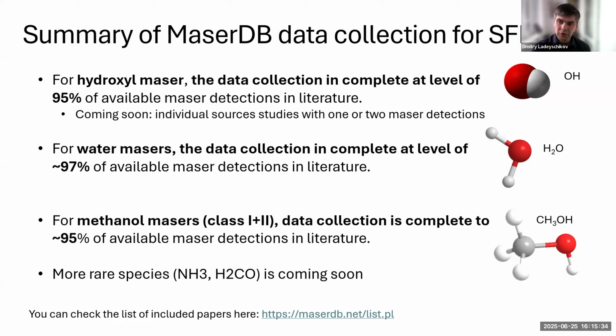Papers that are currently not included in MaserDB are individual studies of known sources, but they do not change the overall statistics of known masers. So they only complement the number of detections. So the overall picture can already be analyzed with MaserDB.